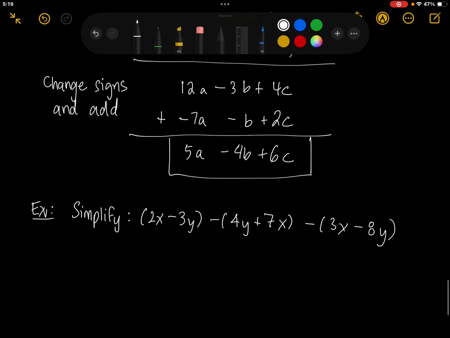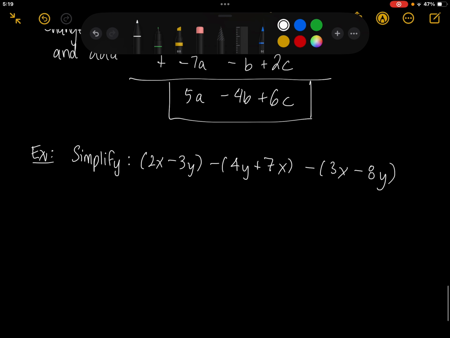Now we could also have subtracted across and then done the problem horizontally, and I'll do that for this last example. So for this one, I'm taking 2x minus 3y, subtracting 4y plus 7x, and then subtracting 3x minus 8y. So first, I'm going to turn all of that into an addition.